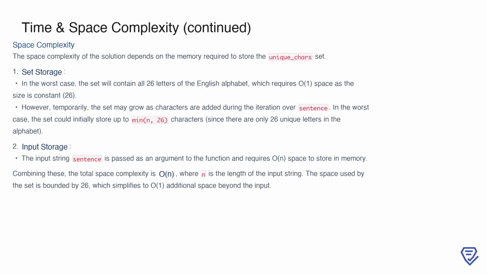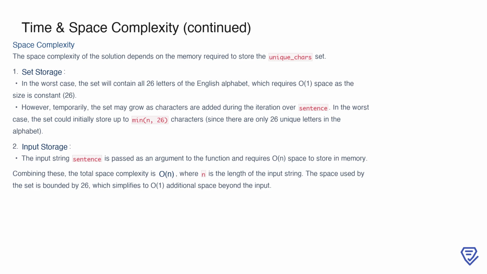Now, let's consider the space complexity. The main contributor to the space usage is the set unique_chars, which stores up to 26 unique letters of the English alphabet. Even in the worst case, where all 26 letters are present, this is constant space, O(1), because the maximum size of the set is fixed. However, during the iteration over the string, the set temporarily grows as characters are added.